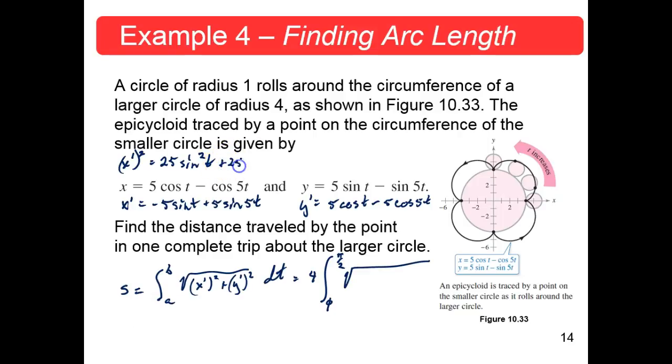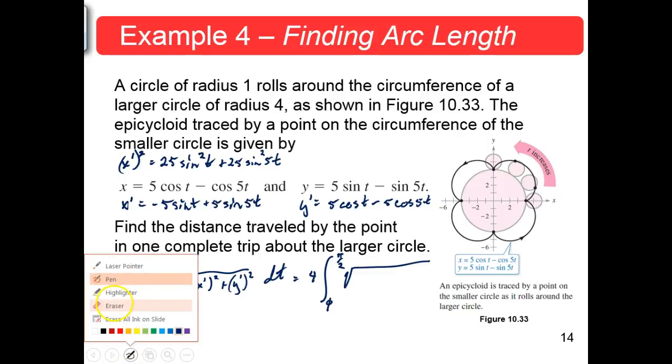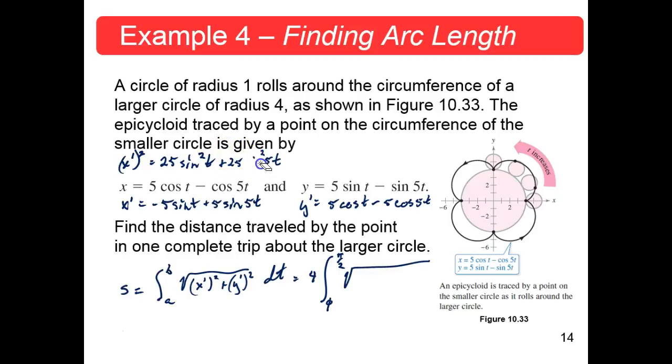Plus 25 sine squared of 5t. Is that what you're going to say? Oh, no. I bet you that wasn't what you were going to say. I'm sorry. Okay. You finish what you were saying.